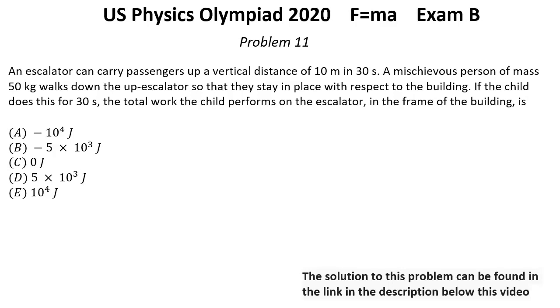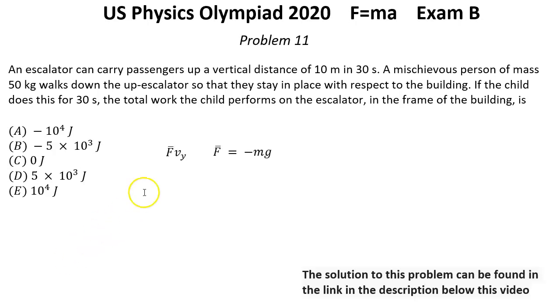Solution for problem number 11. The average power is F average multiplied by Vy, where F average equal negative mg is the average force exerted by the child on the escalator, and Vy is the vertical velocity of the point of contact.